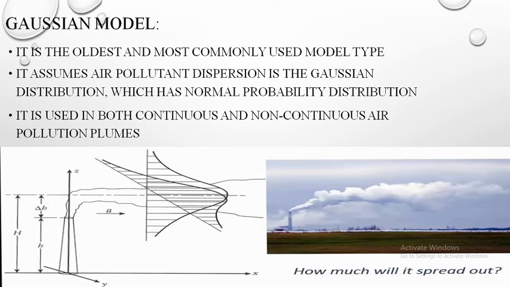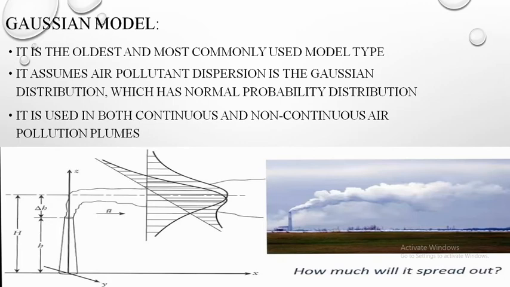The plumes normally rise higher above the smokestack. Why? Because they are emitted at higher temperature than the atmosphere and with vertical velocity. So here we want to calculate the effective stack height. How will we calculate effective stack height?